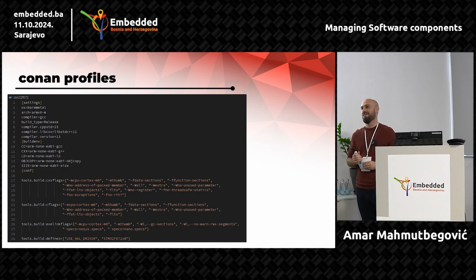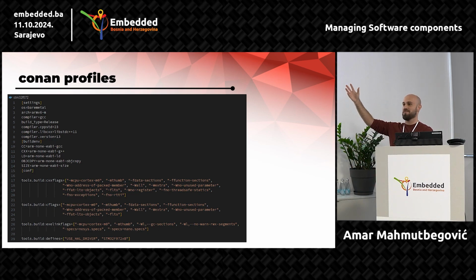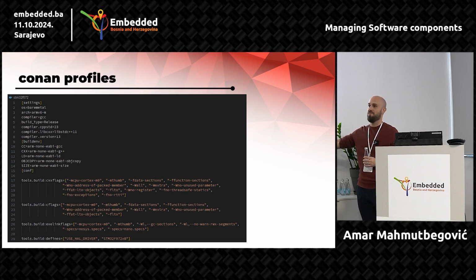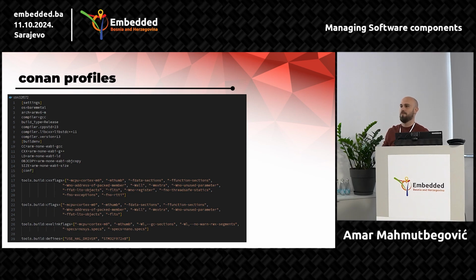Okay, it's your flavor. But you can use the same profile to build different packages. So this is part of Conan, but when it comes to profiles, it's up to you how you want to handle them, where you want to have them stored, installed, and so on.